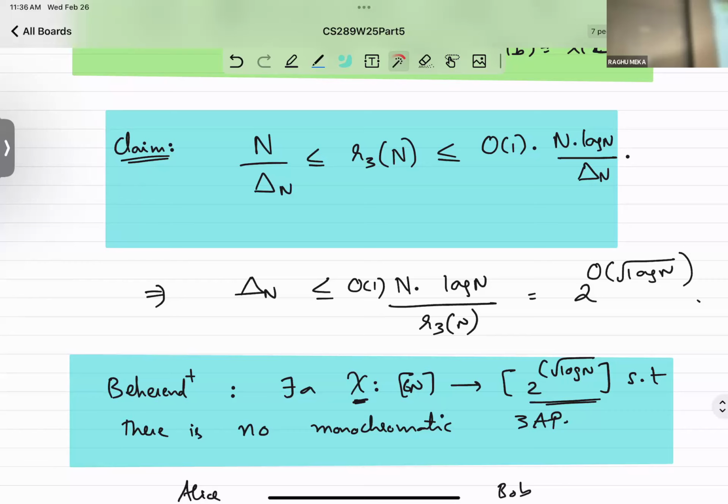And because I have the big O there, I'm throwing away the log. Okay. So, I mean, we didn't prove this part, but it just requires working with Behrend's construction directly, or proving this meta statement that no matter if I find a 3AP free set, I can also get a coloring.